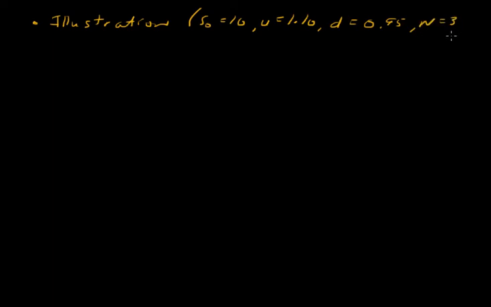So that would be n price changes, right? And we're going to say that pi equals 0.5, just like we've had before, right? Same probability of being up or down. So what I'm doing here is just pointing out what values those would take in the general binomial model that we're assuming.